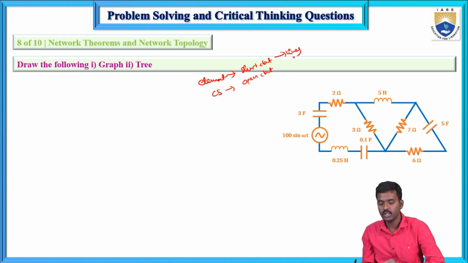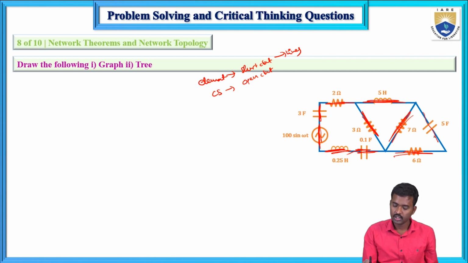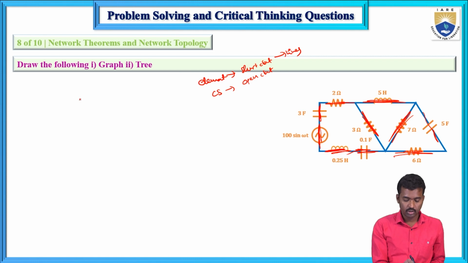Here the resistor is replaced by short circuit, and the capacitor is replaced by short circuit. The voltage source is replaced by short circuit, the inductor is replaced by short circuit, and this one is also replaced by short circuit. There is no current source. All elements are replaced by short circuit. The diagram looks like this.